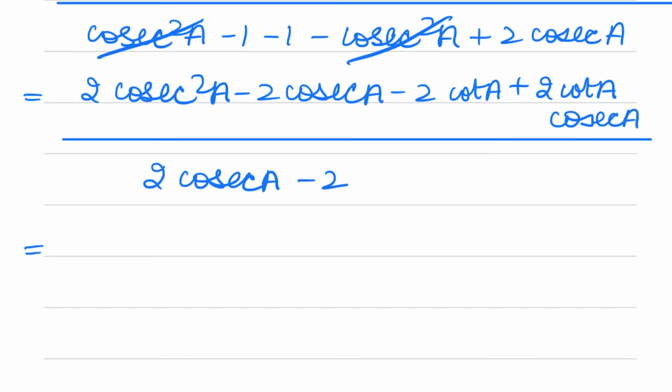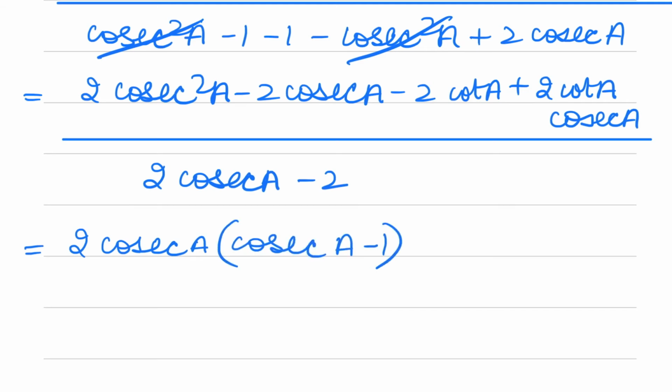Now in the numerator I have 4 terms and I can take 2 cosec A common in the first 2 terms and I have cosec A minus 1.